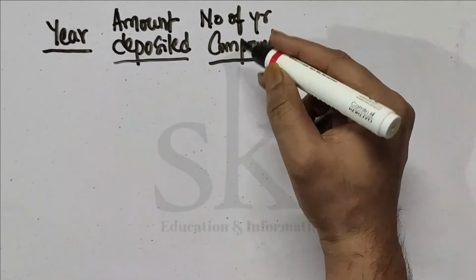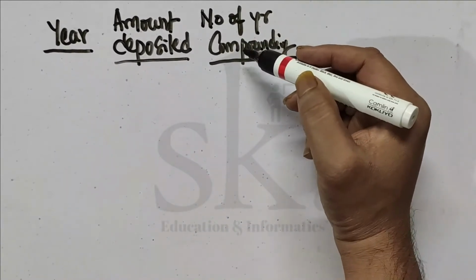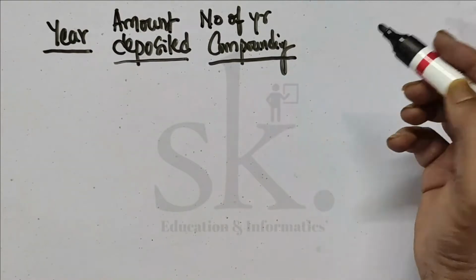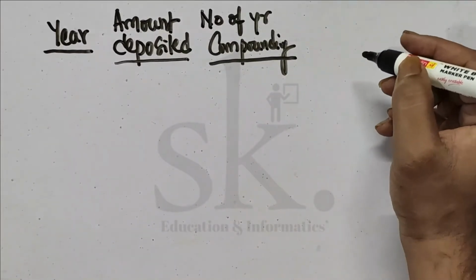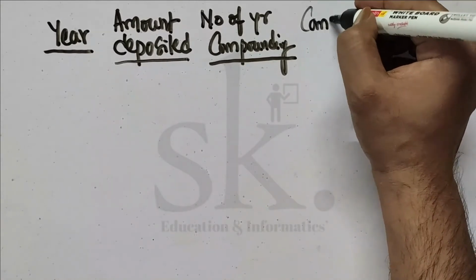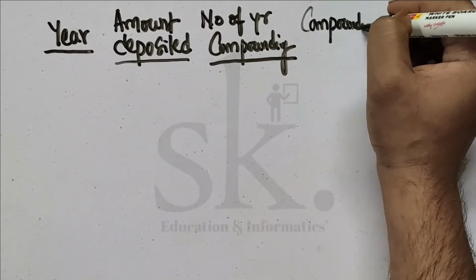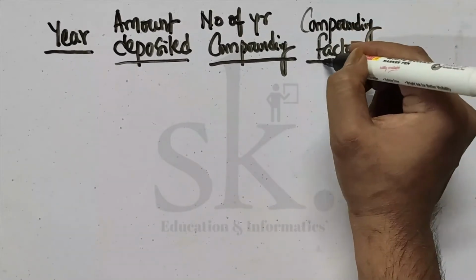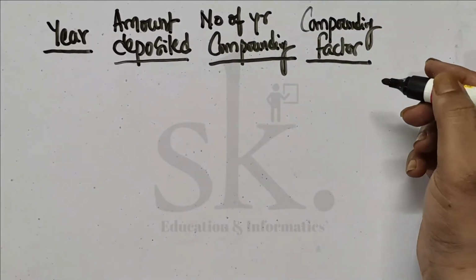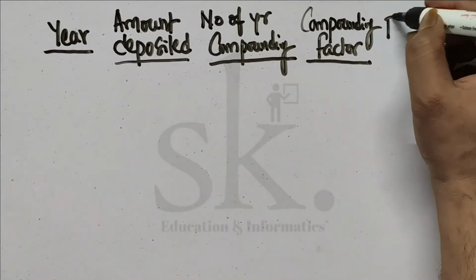This is the most important part. That is the reason why I said at the start of the year or at the end of the year. So next comes the compounding factor. This table we already did in the last video. And last comes future value.